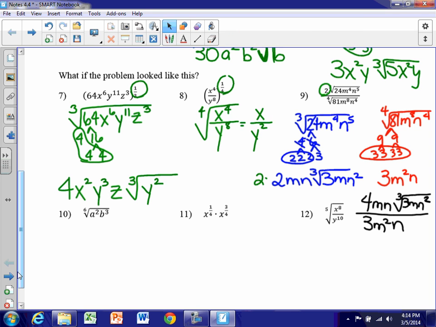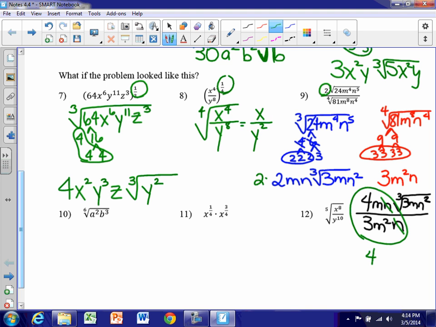And I'd like to think we were done, but we are not, because anything that is not under a radical, if they have something in common, we still have to cross them out. So the n's are exactly the same, so they cross out. And when we subtract the m's, there is 1 left on the bottom. Then you just carry over the cube root as part of your final answer.